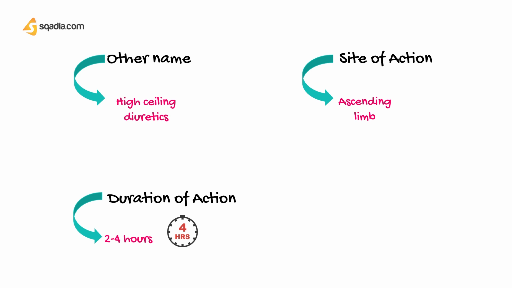So they will have a rapid onset but they will have a briefer duration of action. So this makes their use in emergency medicine when they will have rapid onset of action but they will act shortly.